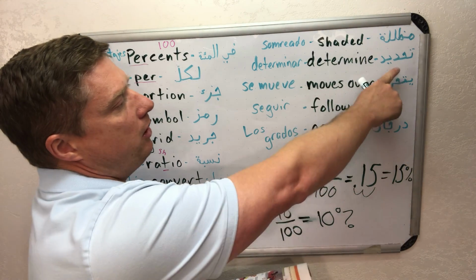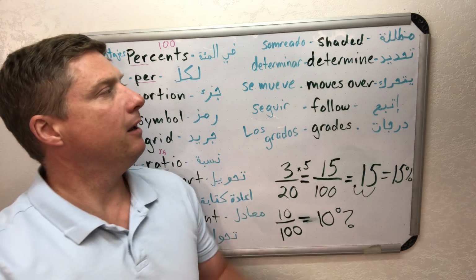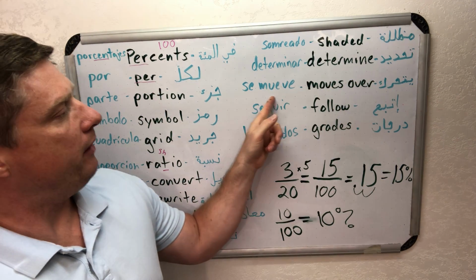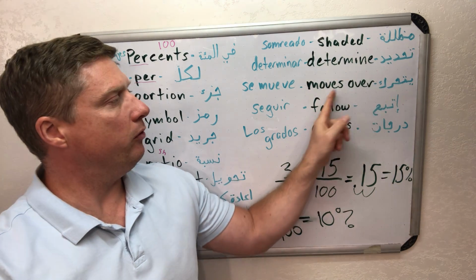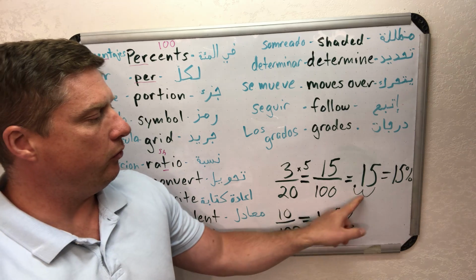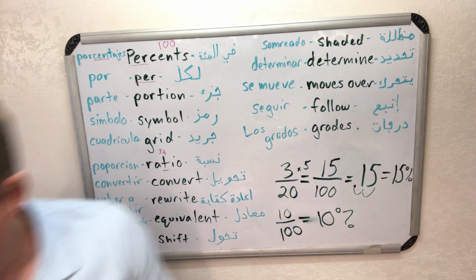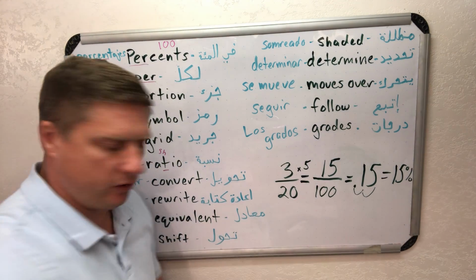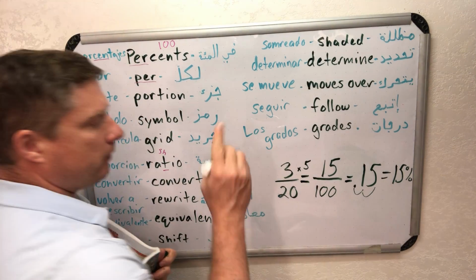Next, determinar أو تحديد, تحدد يعني determine. Determine. Se mueve, يتحرك, moves over. The decimal moves over 2 places to the right. When we convert a decimal to a percent, it's simple. We just move the decimal over 2 places.